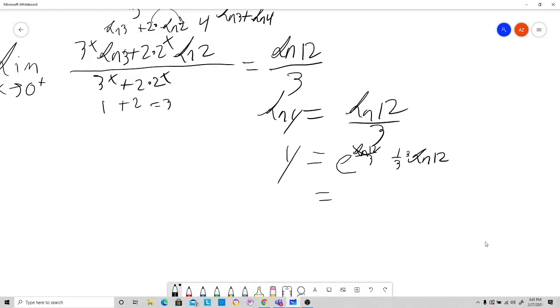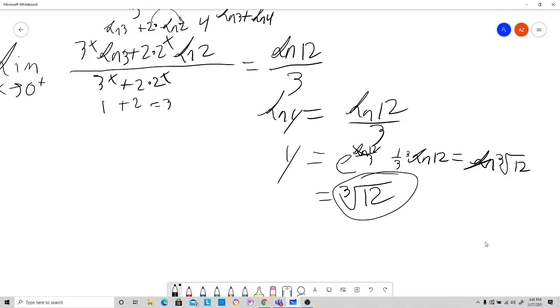So this is technically the same as the ln of the cube root of 12. Okay, so now because we raise this to the e, the ln can go away, and that means our answer will be the cube root of 12. And that will be the answer. Okay, and that's it.